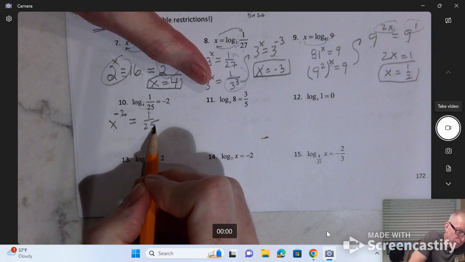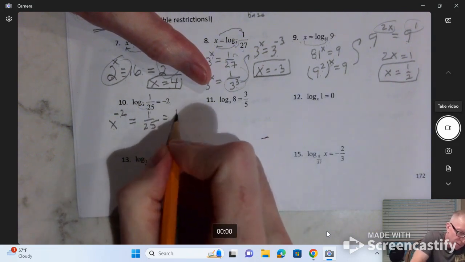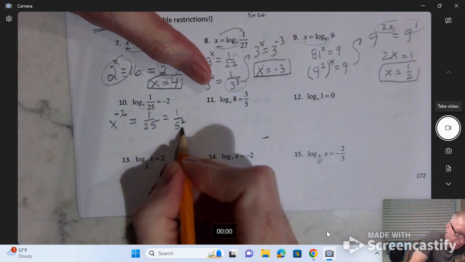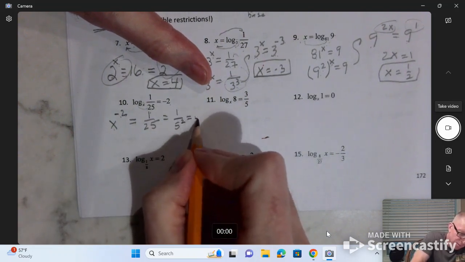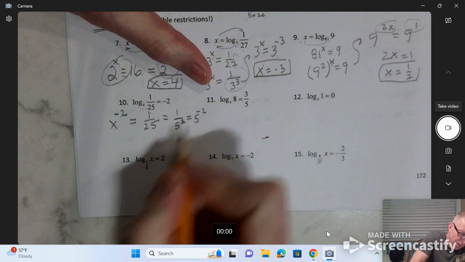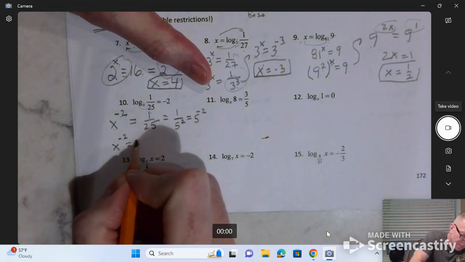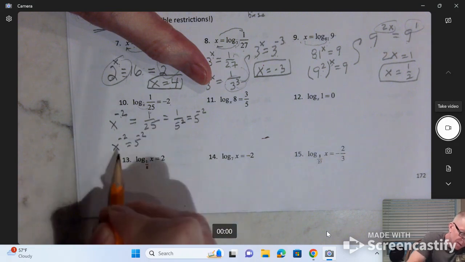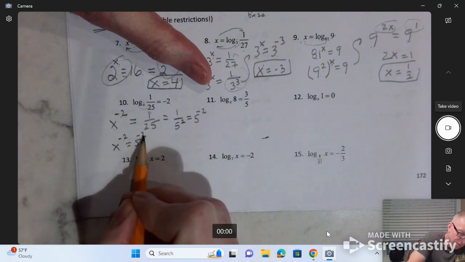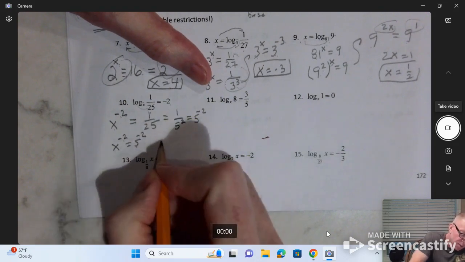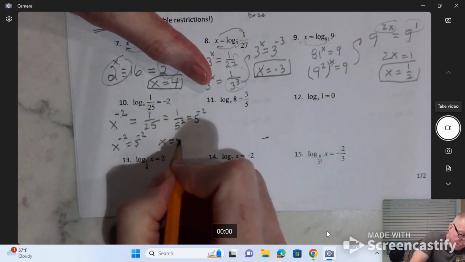Well, if you recognize 1 over 25, 1 over 25 is 1 over 5 to the +2. If I want to bump that to the top, that's equal to 5 to the -2. So I've got x to the -2 is equal to 5 to the -2. So if my exponents are the same, the only way this works is if this base is also 5. So you get x equals 5.